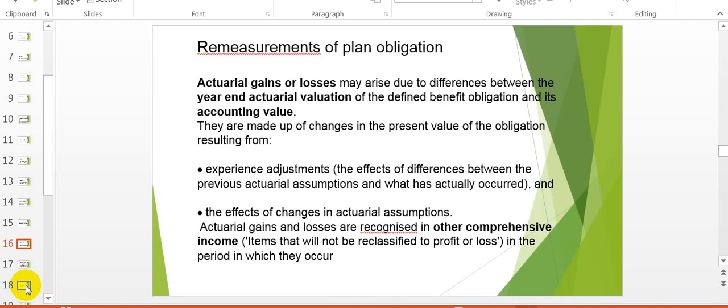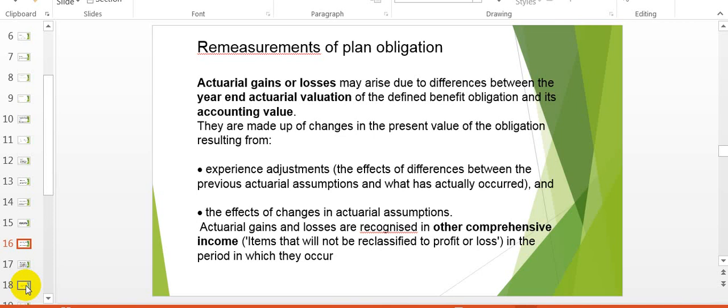So the question will give you the opening balance of both the plan obligation and the plan asset. The question will most of the time also give you the closing balances.